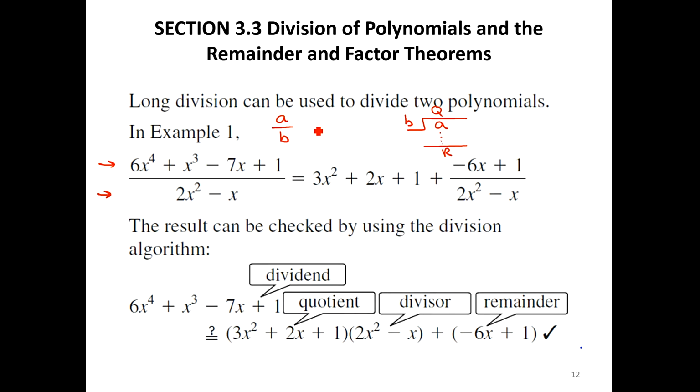A over B equals the quotient plus the remainder over B. A is called the dividend and B is called the divisor.